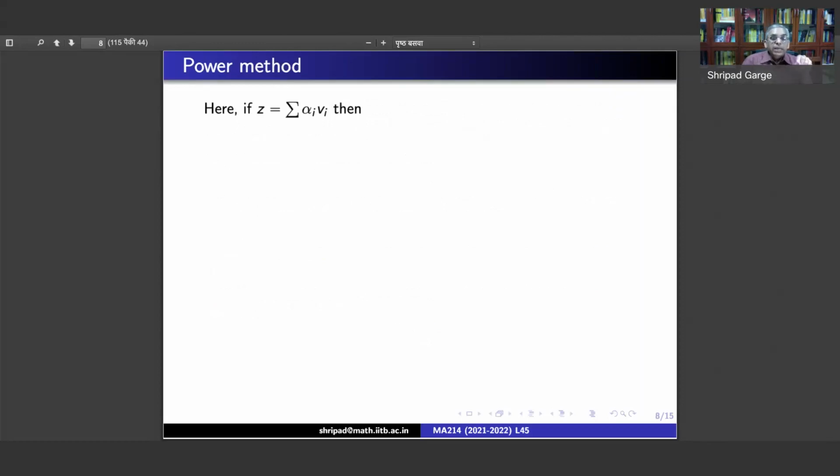Then we are going to apply A^k to z, but applying A^k to z is simply applying A^k to each of these terms and then taking the sum of the results. The alpha i, being a scalar, will come out, and you will be applying A^k to vi.